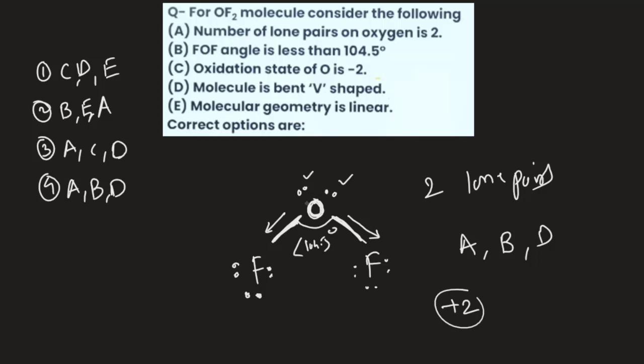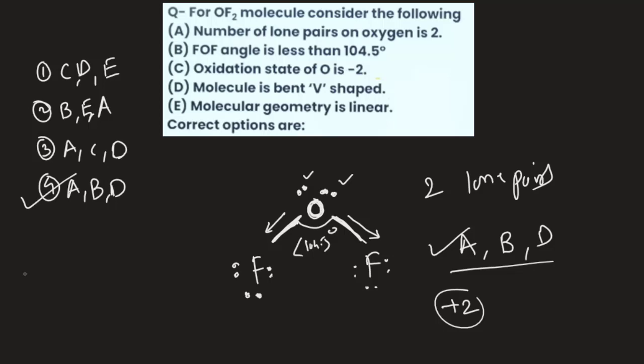The reason being, there are lone pairs on the central oxygen atom, which push these bonds and the angle is made, and that's why it cannot be linear. So A, B, D are the correct options. That's why the fourth option is correct.